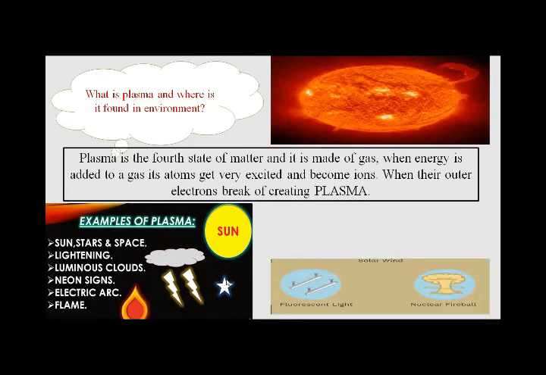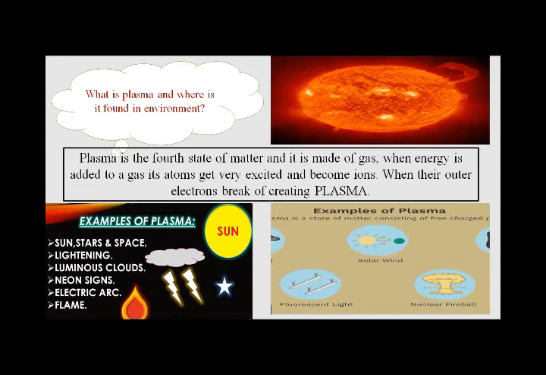Other examples of plasma are solar wind, fluorescent lights, and nuclear fireballs. So it is a little introduction to plasma. It is the fourth state of matter, made up of gas, and it is present on page number 67.